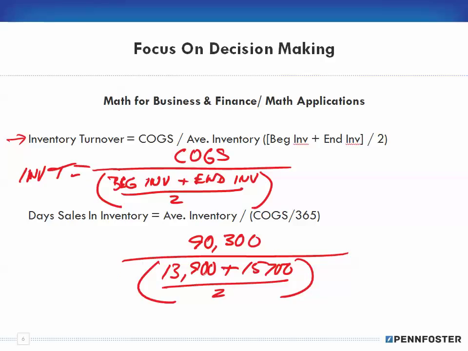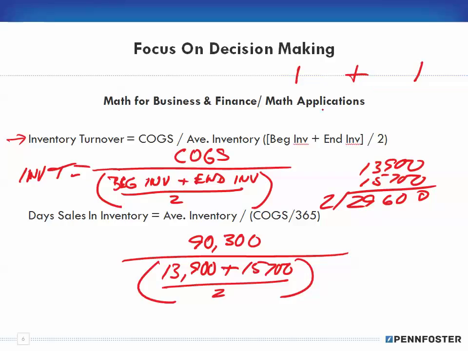In the denominator, I'm going to add the 13,900 plus the 15,700, which is going to give me 29,600, and then I'm going to have to divide that by 2. That's how you get an average. You take the beginning point, you take the end point, you add them together, and then you divide them by 2. Dividing by 2 is what gives you the average.